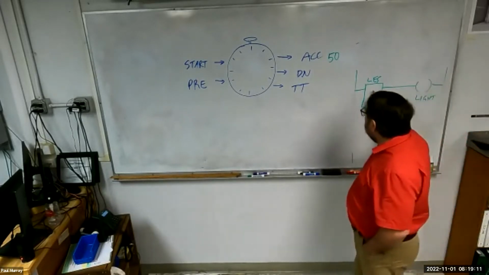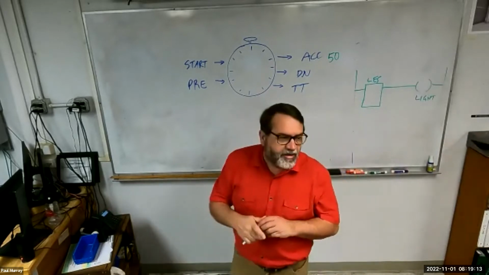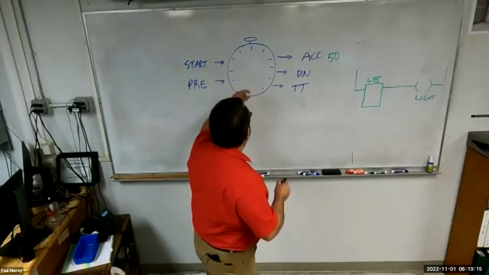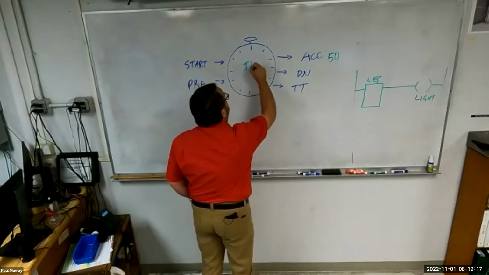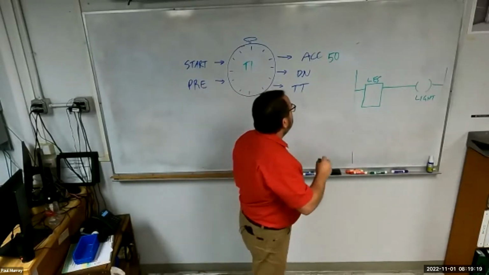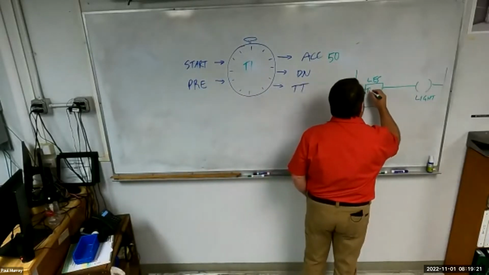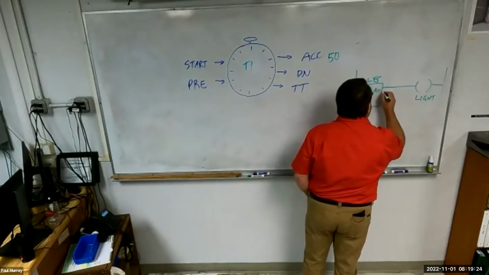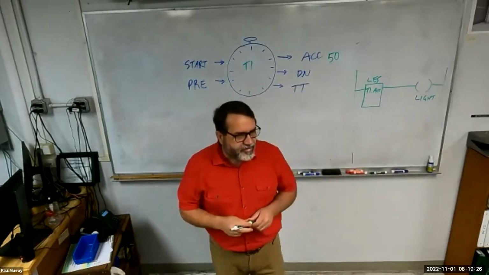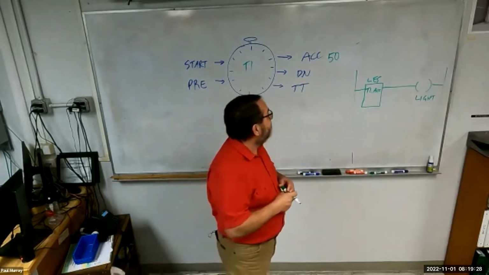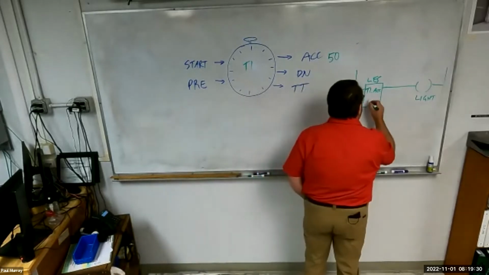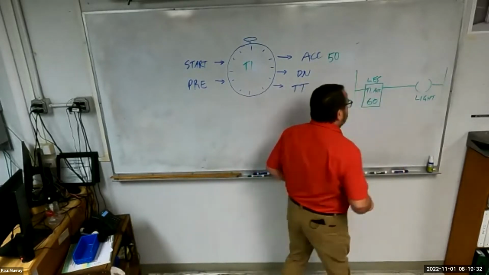Here's my light bulb. Here's my less than command, and I'll call it T1. So timer one accumulated time is less than, I'm just going to put 60 in there.